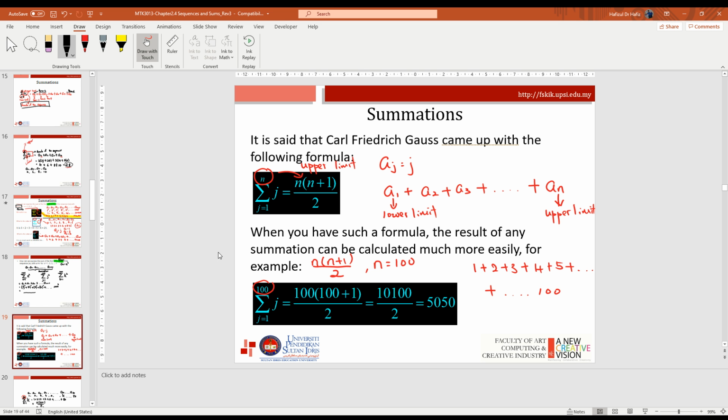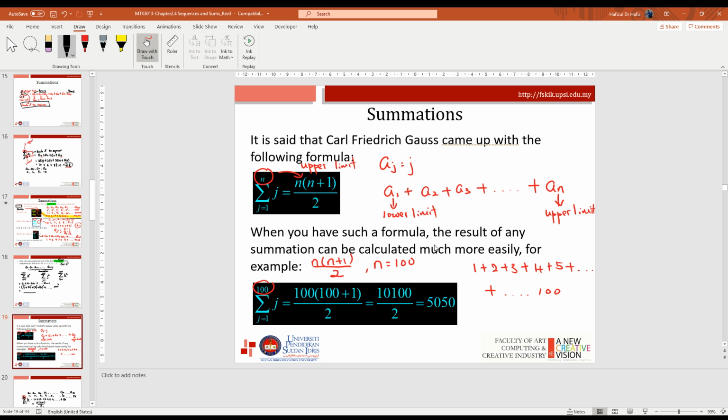That was founded by Carl Friedrich Gauss in the 1780s. He came up with the formula that from the upper limit n, we go by n times (n plus 1) divided by 2.